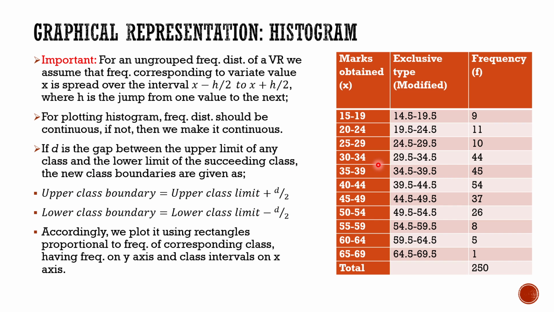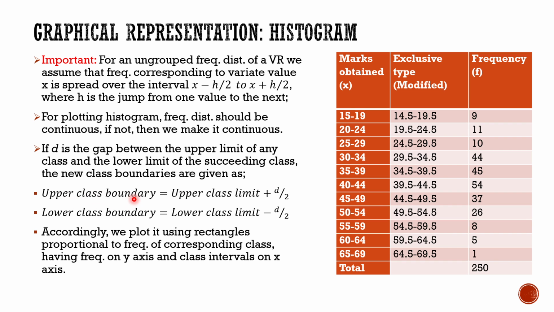Here d is the gap between the upper limit of any class and the lower limit of the succeeding class. Let's say the upper limit of a class is 19, and the lower limit of the succeeding class is 20. So the gap between 19 and 20 is 1. So here d is 1, and if you divide d by 2, you get 0.5. So how do you get the class boundaries?